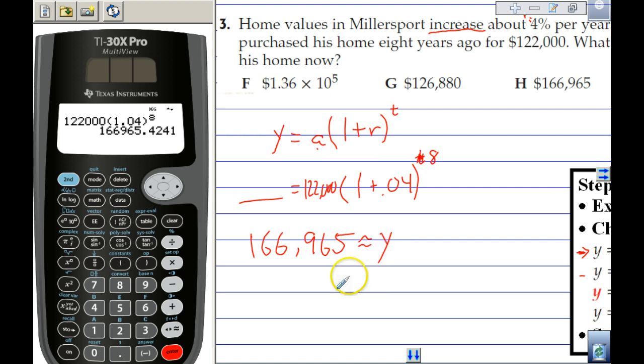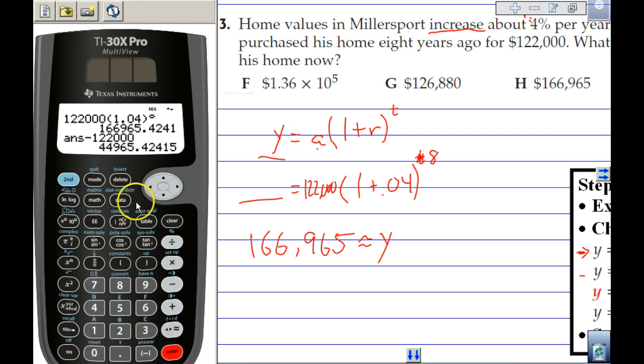That'd be y in this case, so we solve for y. In 8 years, I subtract the original. After 8 years of owning the house, it's gone up about $45,000 in value. 8 years, $45,000 made.